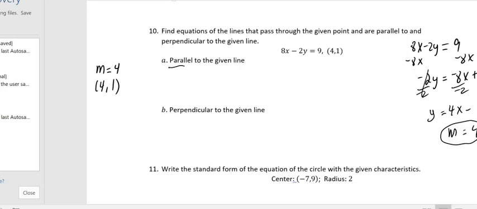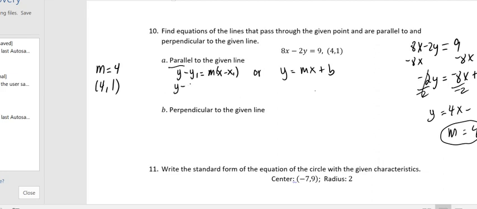At this point, you can do it 2 ways, right? And I think on my videos, I show you both ways. You can use the point slope, or you can use y equals mx plus b, whichever way you feel more comfortable with.